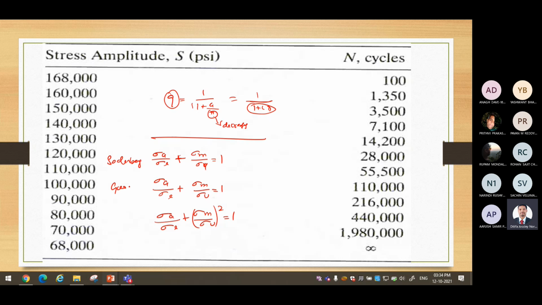And if you want Morrow or the ASME elliptical curve equation, all are in a similar fashion, maybe with one factor here and there. For Morrow, sigma m by the fracture stress is equal to 1.